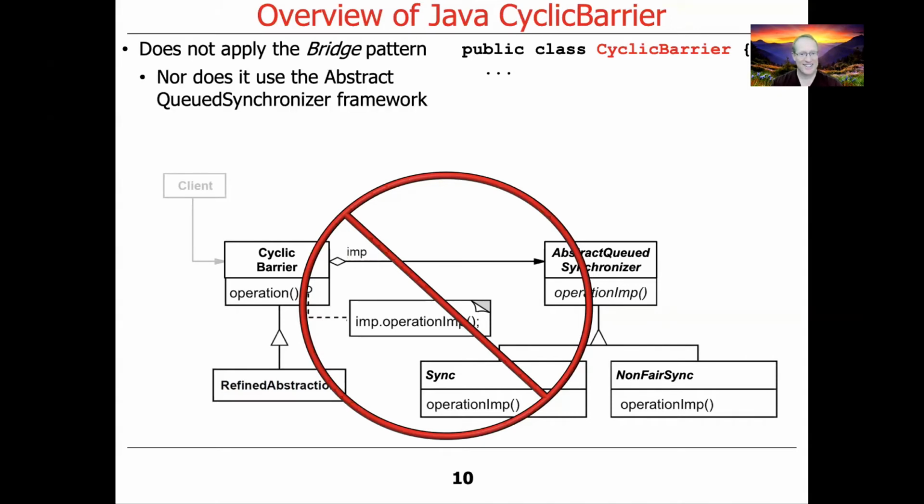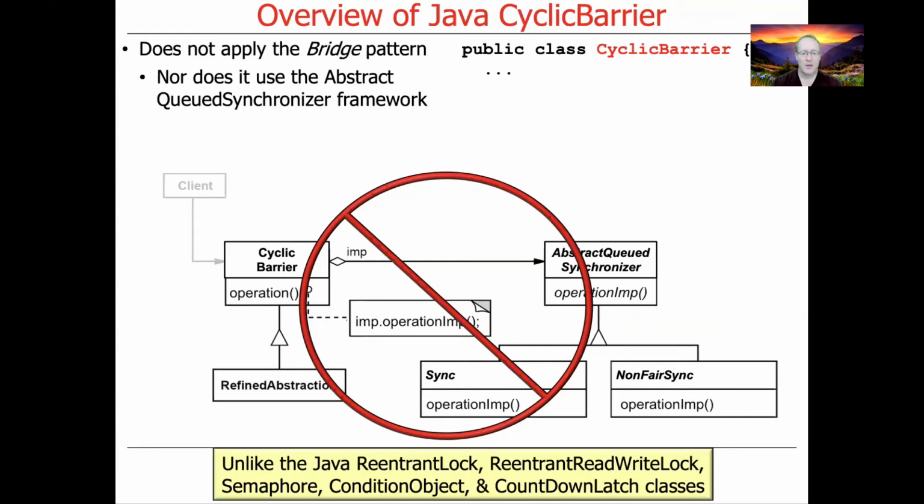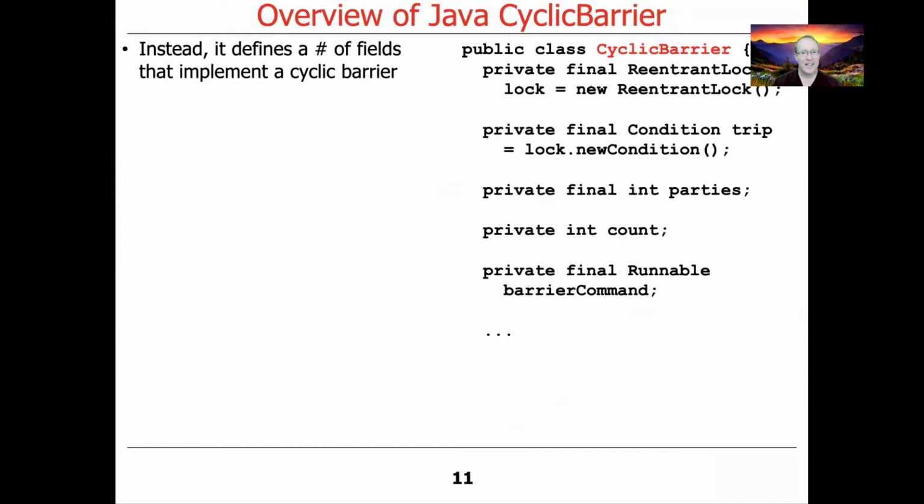It also does not use the abstract queued synchronizer framework. And this, of course, is in contrast to reentrant lock and semaphore and condition and countdown latch and so forth. Instead, the CyclicBarrier defines a number of fields that it uses to provide the implementation of cyclic barriers.